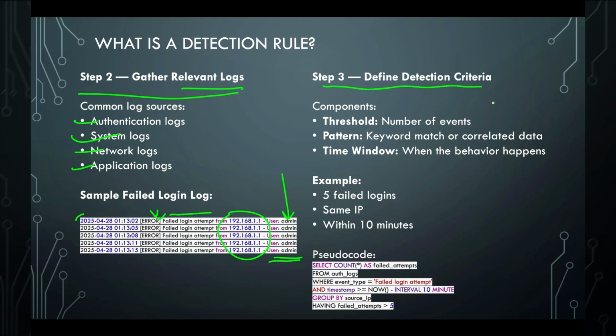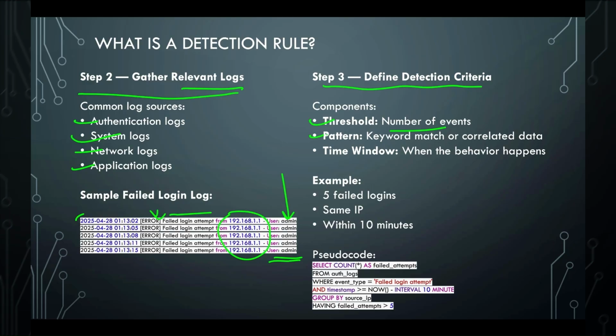Now it's time to get into the nitty gritty of actually building the detection rule. The main idea is to identify the pattern in the logs that indicates something suspicious. The criteria are often a combination of threshold, that sets a limit on how many failed login attempts or any other suspicious activity should occur within a given time period.